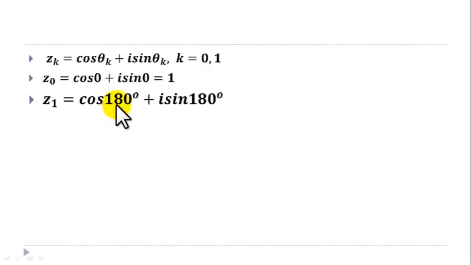Cos is negative in the second quadrant and sin is positive. To find the trig ratios for the angles in the second quadrant, we have to subtract the given angle from 180. So this will give us minus cos 0 degrees plus i sin 0 degrees. Cos 0 is 1, sin 0 is 0, so this will give us minus 1. So the square root of unity are z0 equals 1 and z1 equals minus 1.